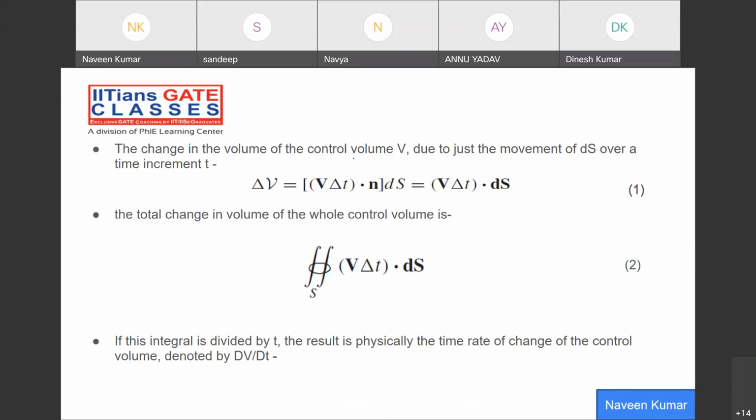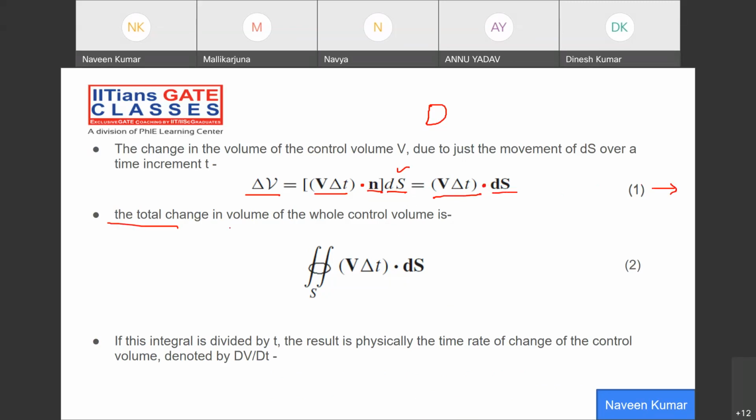This is the volume swept, delta V: V delta t dot n, the distance covered in the n direction, into dS, which is nothing but that surface area. That area in the n direction you add, it becomes capital dS. So V delta t dot dS, this you call equation number 1.